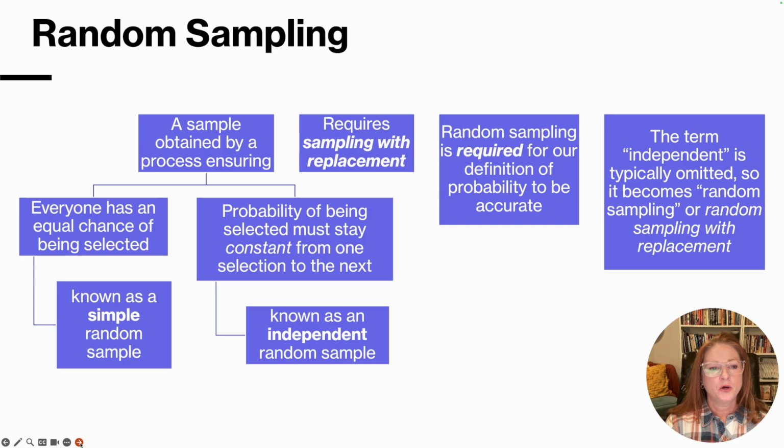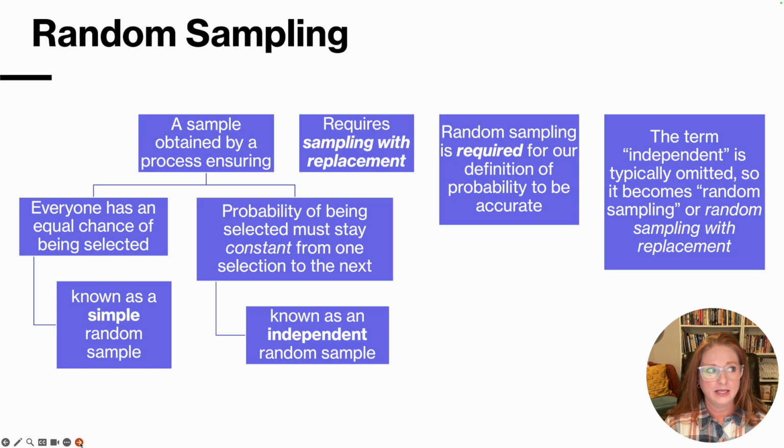Okay, random sampling. A sample is obtained by a process that has to ensure a few things. First, everybody in your study has to have an equal chance of being chosen.